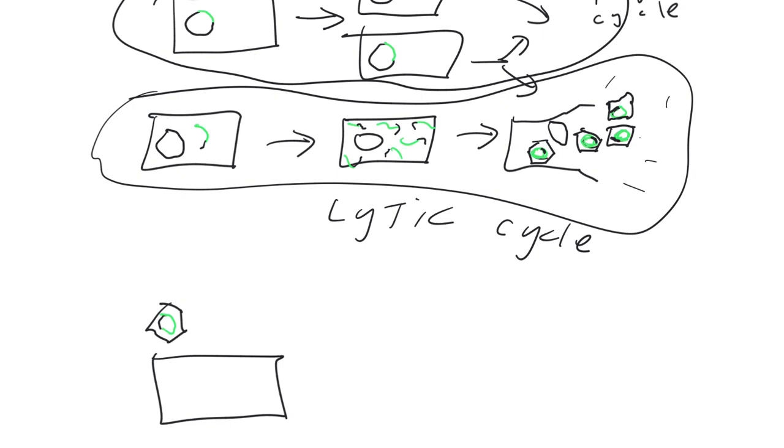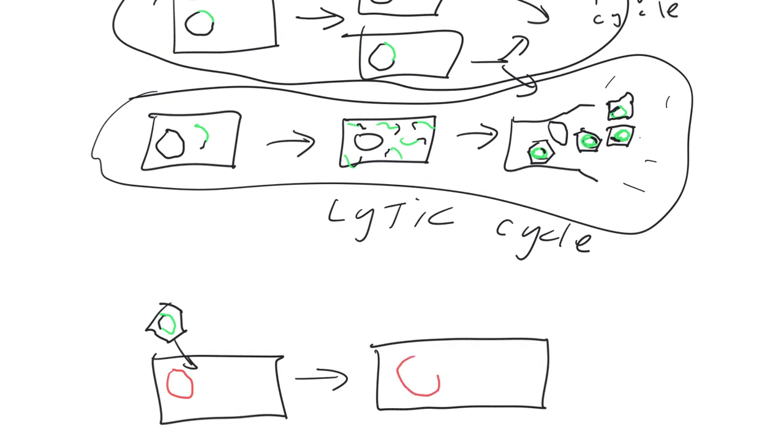Let's say the host cell, let's make that DNA red. So what's going to happen is when it infects it, the lysogenic cycle happens, and you're going to get the green virus incorporating into there, but you also get some new genes from the host genes. This is called transduction from the host before.